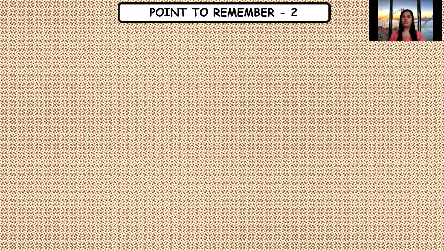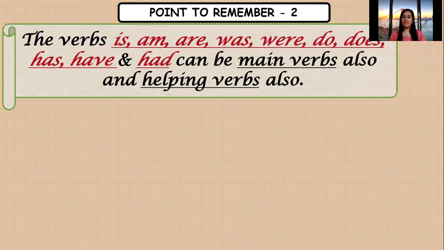Here we go. So point to remember two. The verbs is, am, are, was, were, do, does, has, have, and had. Remember the first category and the third category can be main verbs also and helping verbs also.